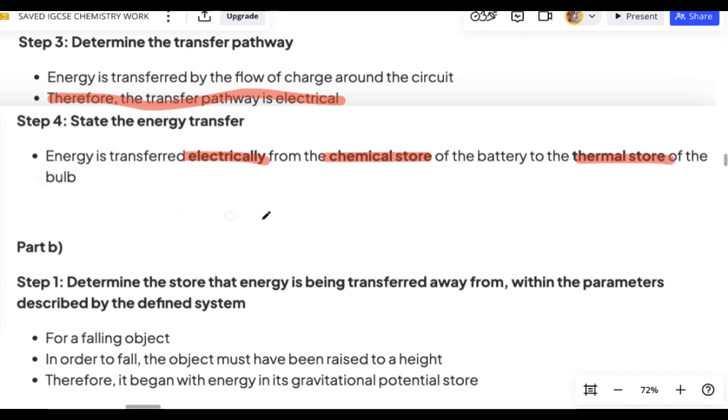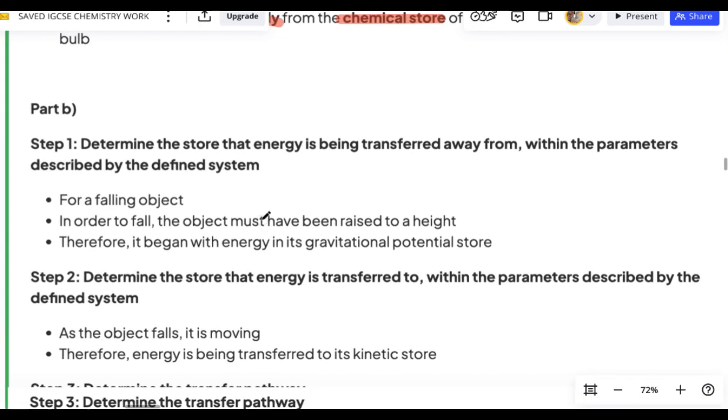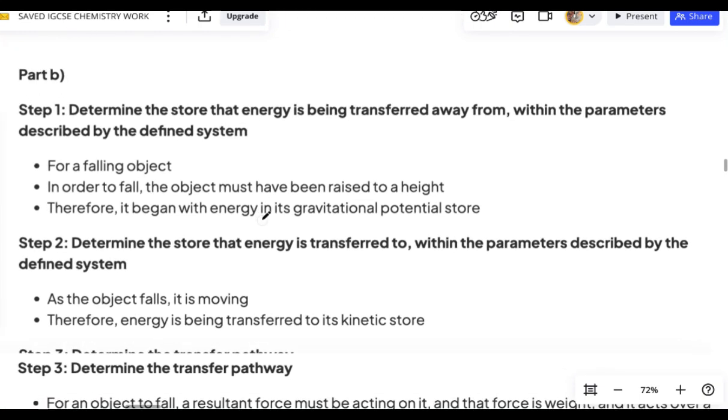Is that okay? Now we go to Part B. Part B is to determine the store that energy is being transferred away from within the parameters described by the defined system. A falling object. In order to fall, the object must be raised to a certain height, right? Therefore, it has energy in the gravitational potential store.